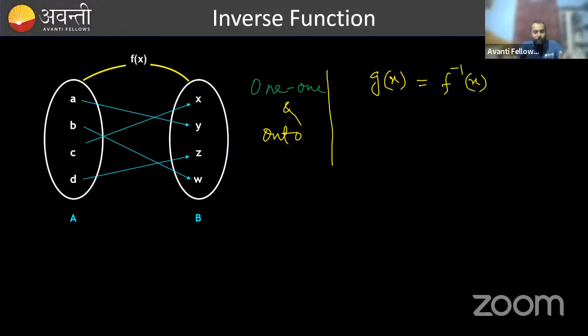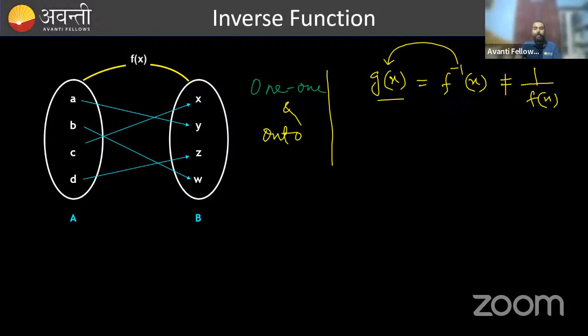Don't take this f inverse of x as 1 by f of x. It is not equal to 1 by f of x. f inverse of x is a notation for inverse function, that is, the inverse of f of x can be written as f inverse of x. So here I have taken g of x as inverse of f of x, and g of x can be written as f inverse of x.